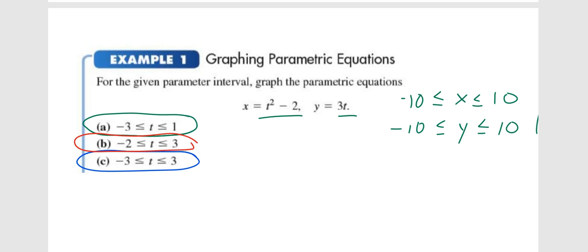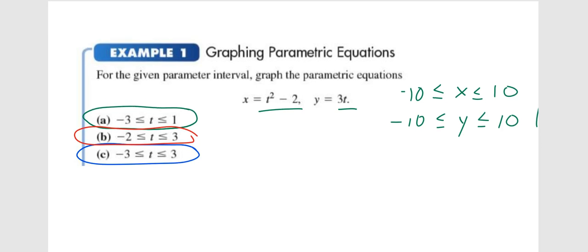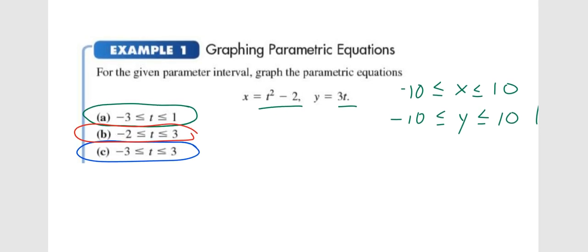You should go down to the graphing area and click PAR, for parametric mode. Okay, so once we get our calculator in parametric mode, then we'll have the x1 and the y1 and then we'll be able to put in our 2 different equations, and you know that the X,T,theta,n button will produce a t for you this time instead of an x.